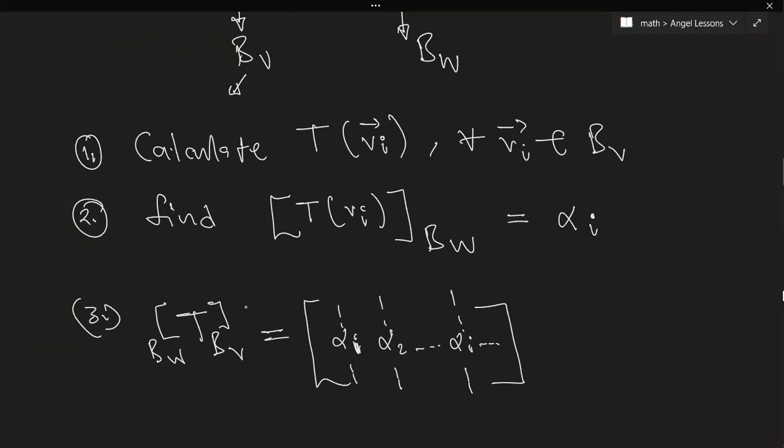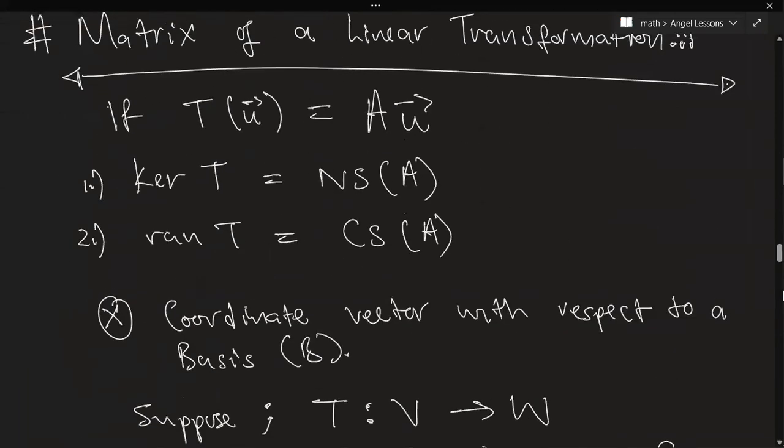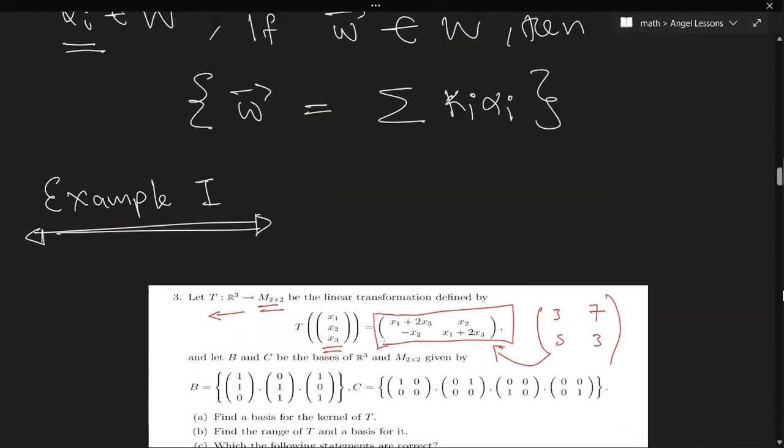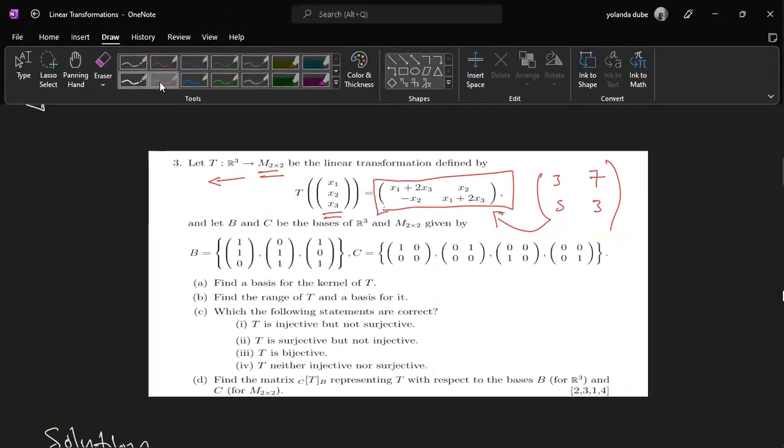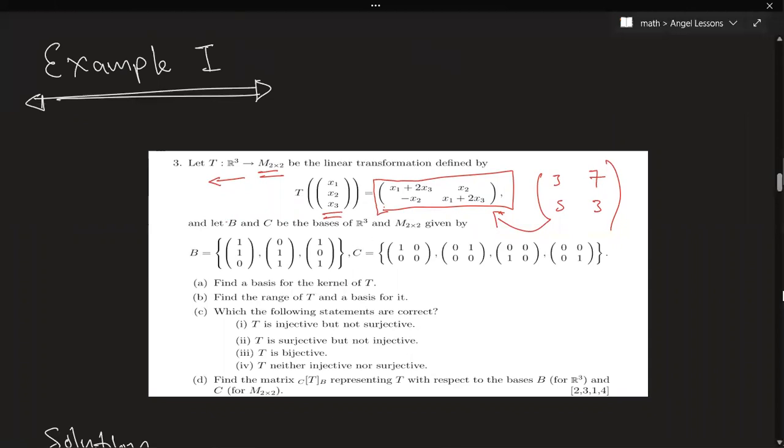Mm-hmm. So do you want us to do that problem, or can you do it now? Can we run through it, please? I want to see how it turns out. Yeah, because if you look, do you see that we are given BV, which is equal to this?